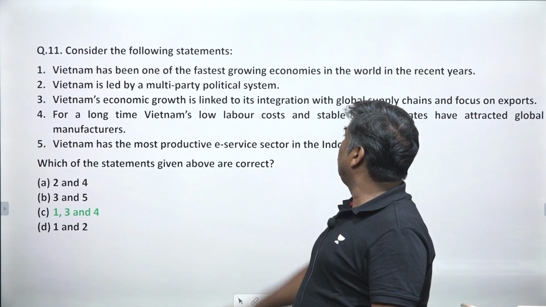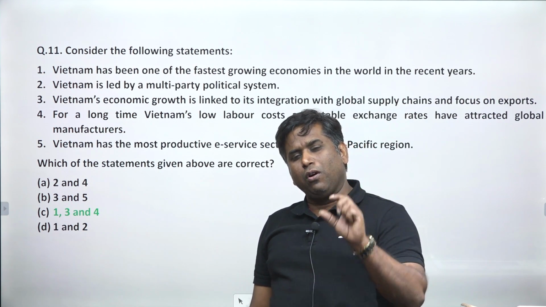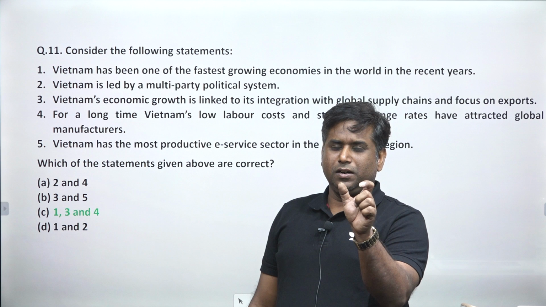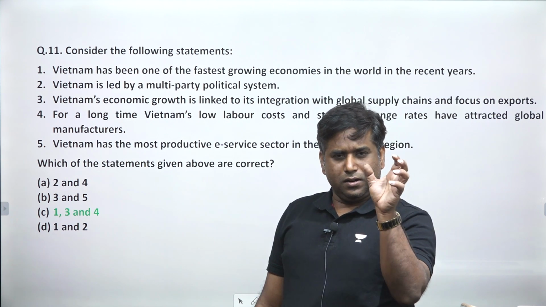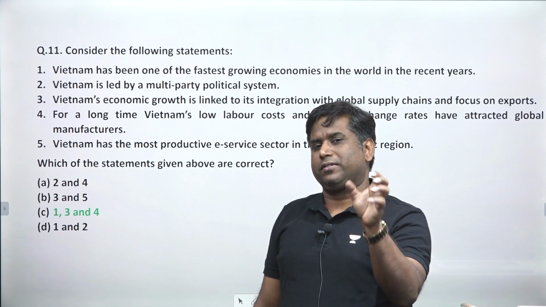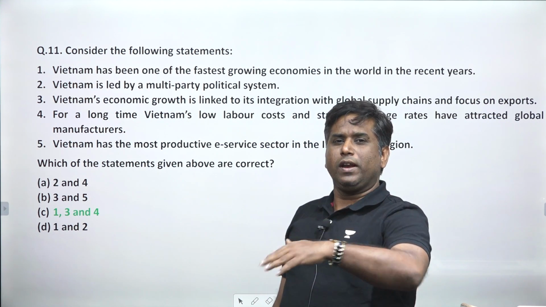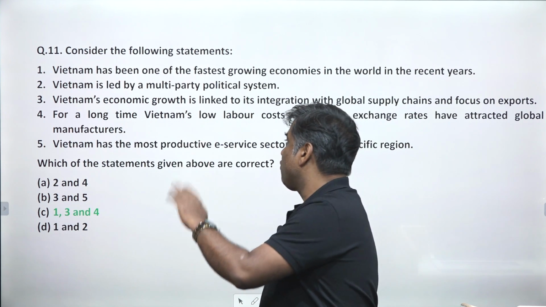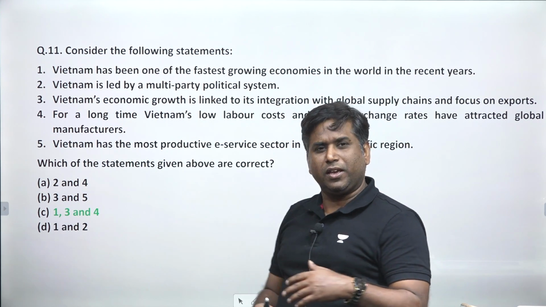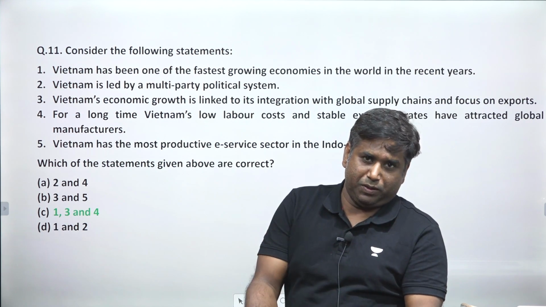And even this low labor cost was for a long time a reason for Vietnam emerging as a textile hub, with a lot of textile industries. And even in the COVID era, a lot of manufacturers from China shifted to Vietnam. On that basis, we can make a wild guess, or basically a guess.